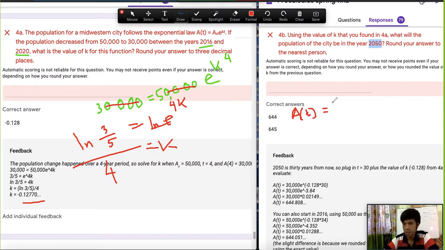So what is the initial value? You can start from 2020 or from 2016, and as we have taken 2016 as initial, let's take it. You can start from 2020 also, the math will be technically correct, no problem. So in 2016 the population was 50,000, so 50,000 here, then e to the power k.